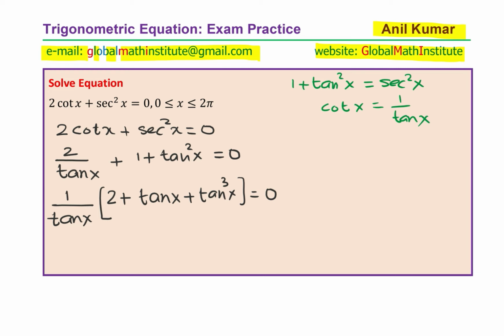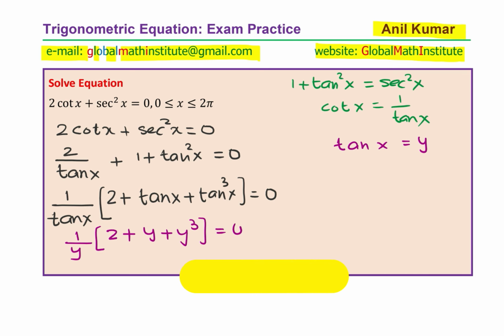Now how do we solve this? Well, let's make another substitution, saying let tan x be equal to y. In that case, we can rewrite this as 1 over y times 2 plus y cube equals 0. So now we have a cubic equation to work with.